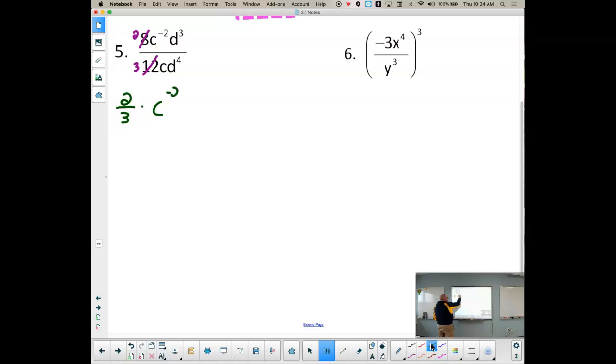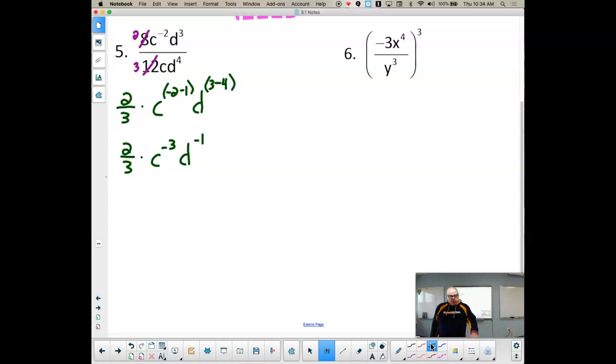C to the negative 1 minus 1 power, top minus bottom. d to the 3 minus 4 power, top minus bottom. So that would be 2/3 times c to the negative 3, d to the negative 1 power.